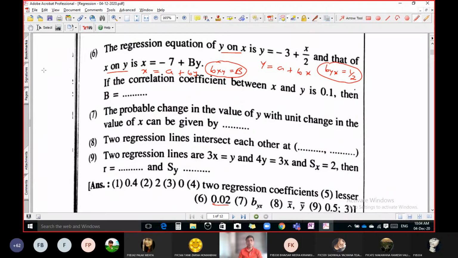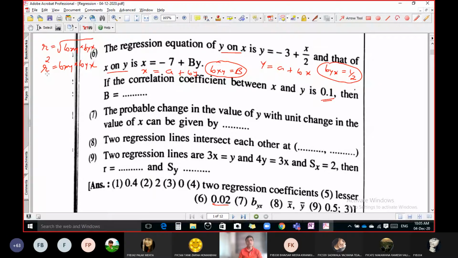Now you can use the property r square equal to bxy into byx, because we know that r is nothing but the geometric mean of bxy and byx. So r square equal to bxy into byx. Now r is 0.1.